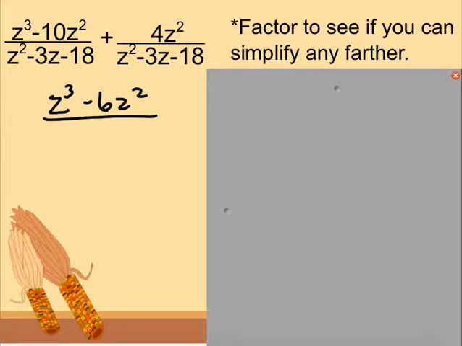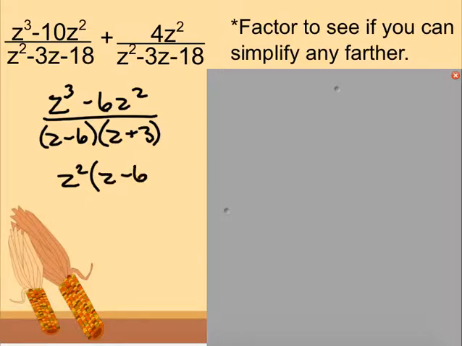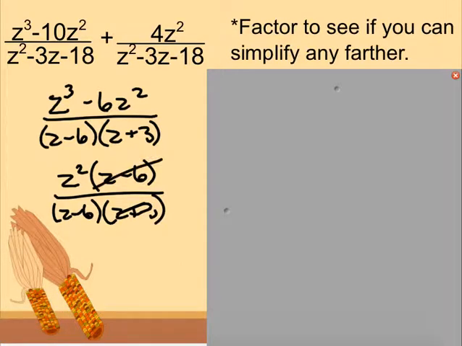It looks like this is a common quadratic where I need to multiply to get negative 18 and add to get negative 3, and that's going to be z minus 6 times z plus 3. Now I'm going to factor the numerator and take out a z squared. So z squared times z minus 6 over z minus 6 times z plus 3. Meaning that z minus 6 is a common factor I have that I can simplify and get z squared over z plus 3.